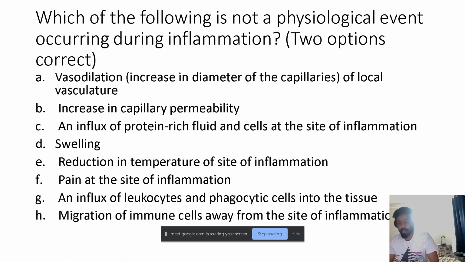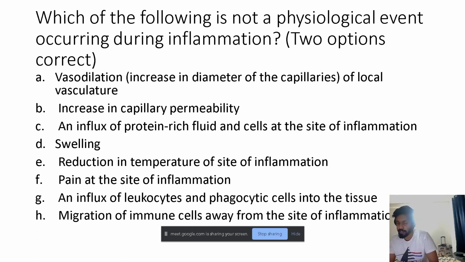So there is vasodilation, right? By definition, inflammation results in vasodilation, where there's this increased diameter of capillaries to facilitate more fluid and immune cells to travel to the location. And you want the immune cells to go out of your blood vessels as well, so there's an increase in capillary permeability as well. And yeah, there's an influx of protein-rich fluid and cells at the site of inflammation, especially immune cells. True.